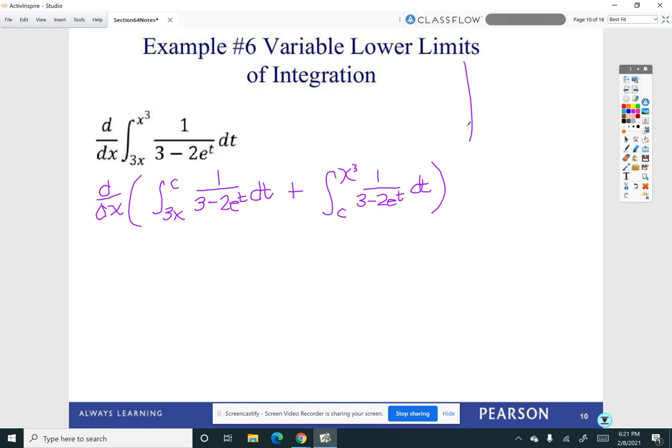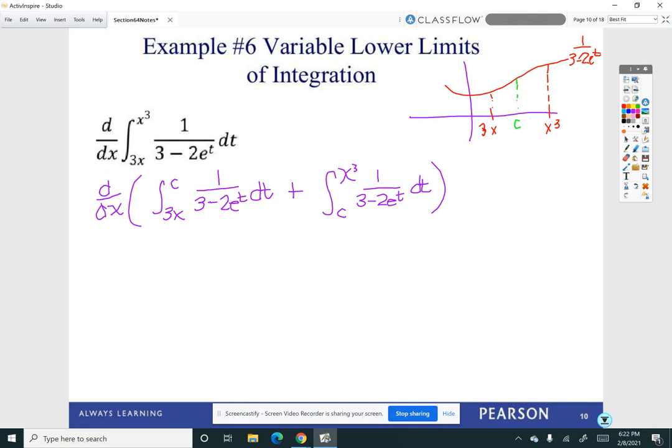So kind of graphically, I don't know what this function looks like, but just roll with me on this. Say that's my function, 1 over 3 minus 2e to the t. And we were going to integrate that from 3x to x cubed. We're trying to find the area under that curve from there to there. So I've picked some constant that's somewhere in between those.